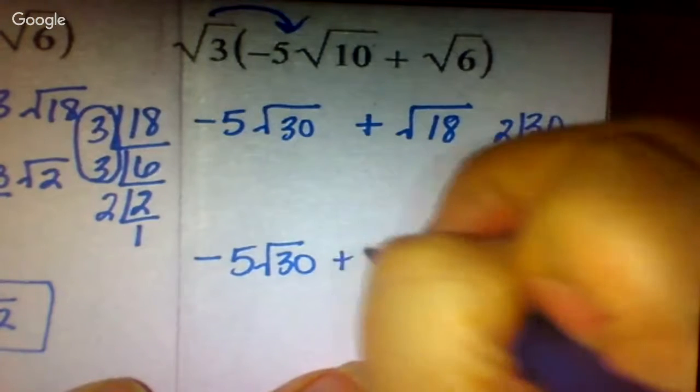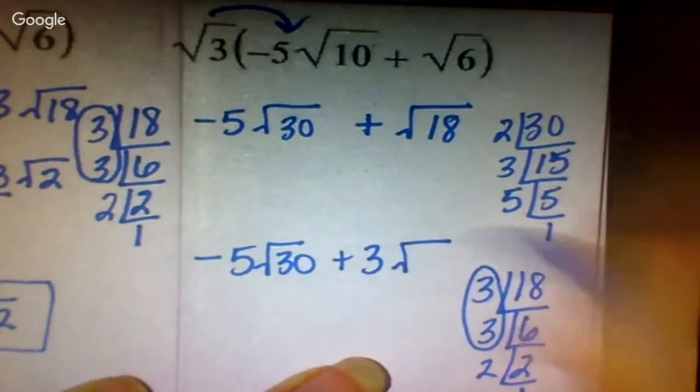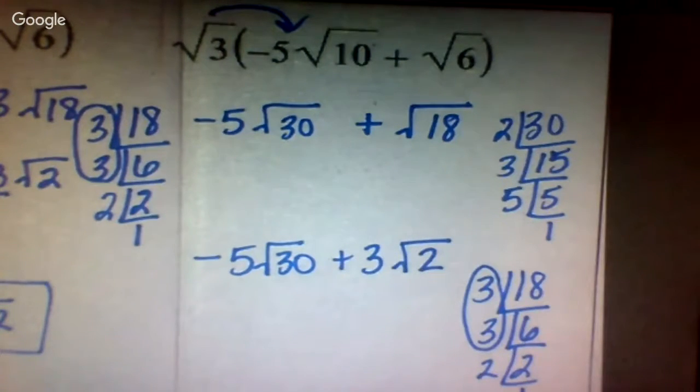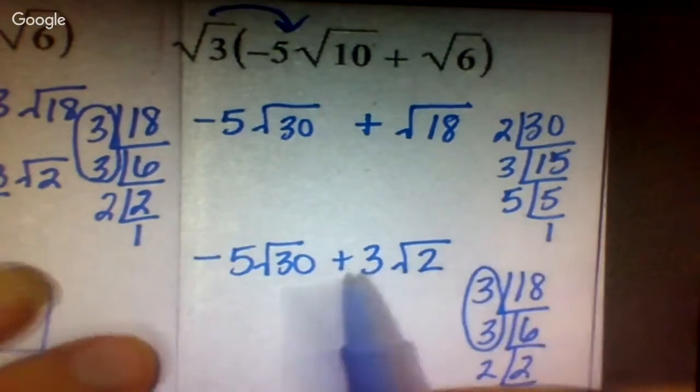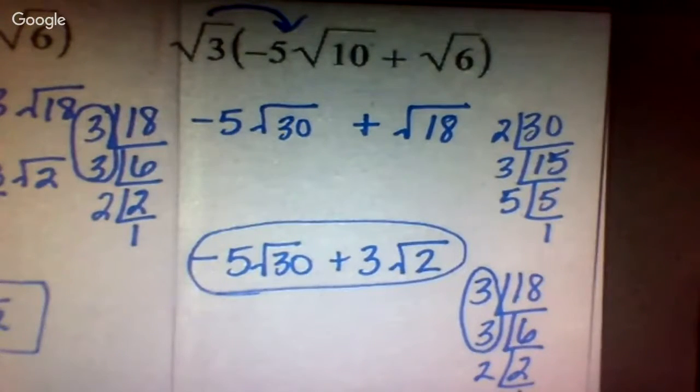So we pull the 3 out front. And what's left underneath? 2. Can I add these two together? No, I've got square root of 30 and square root of 2. They're not the same.